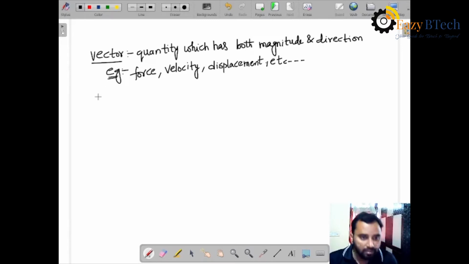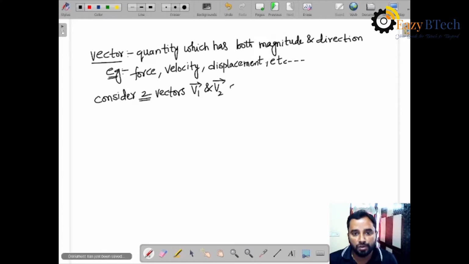So consider two vectors, V1 and V2. The first vector is V1 and the second is V2 as shown below. Here I am showing how we are taking V1 and V2.